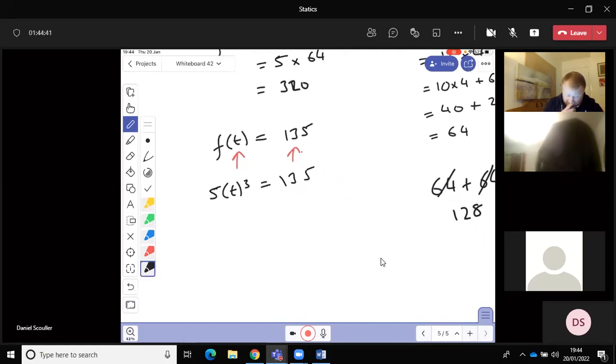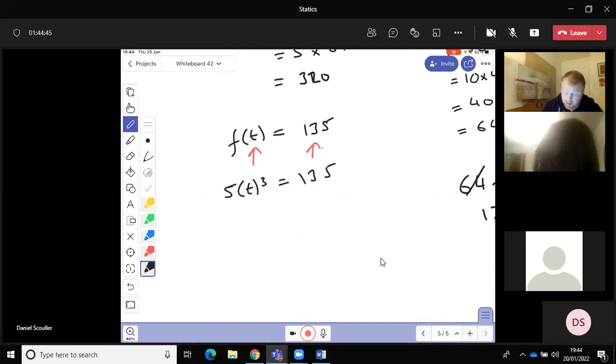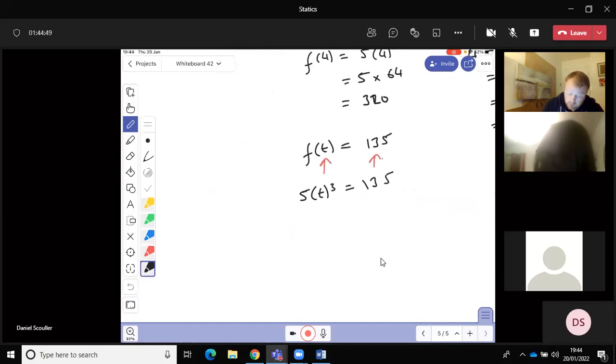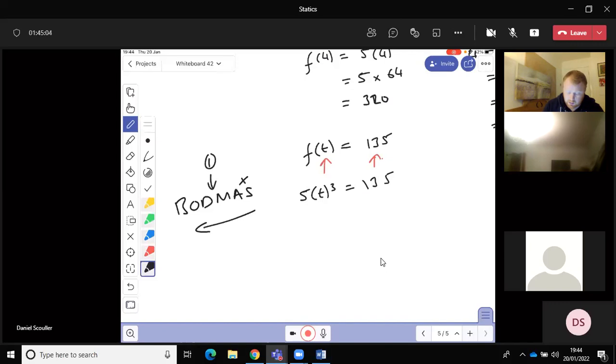Then it's just a case of rearranging. Again, because of BODMAS, we're rearranging this time, so we're going in reverse, right to left. There are no adds and subtracts, so the first thing we want to do is deal with the multiply. So the multiply moves over, leaving us with t cubed equals 135 divided by 5.